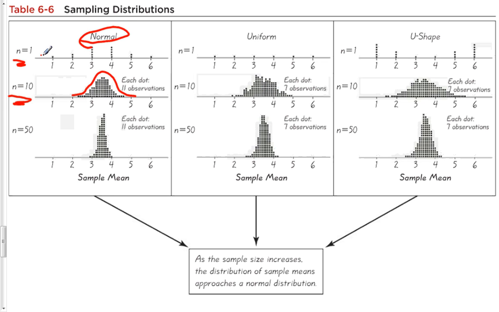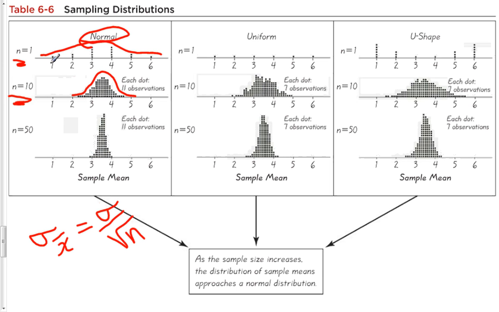It also looks like the standard deviation is even smaller, because the standard deviation of the sample means is equal to the population standard deviation divided by the square root of n. So as n gets larger, the standard deviation of the sample means gets smaller, and we have a less spread out bell curve.